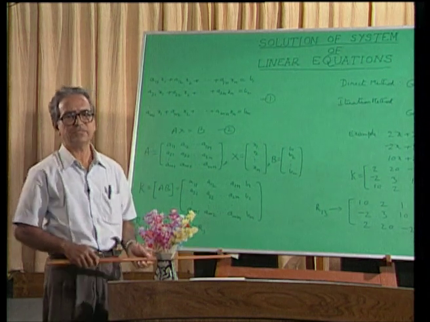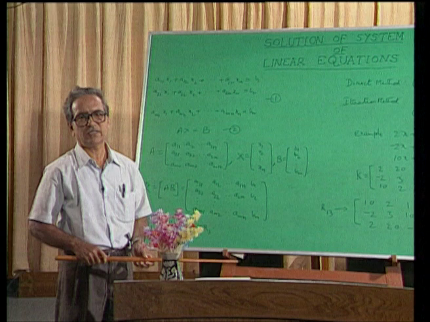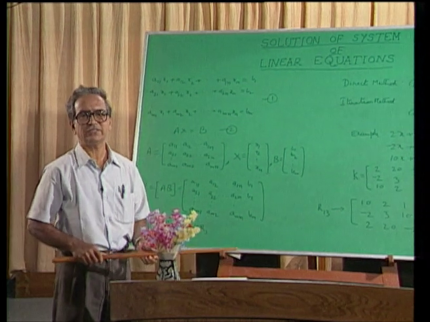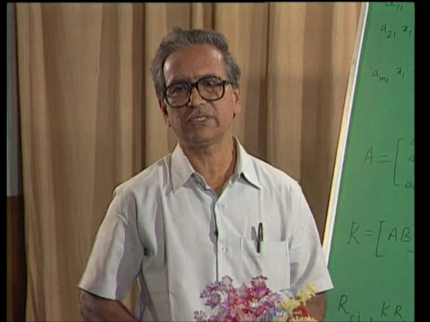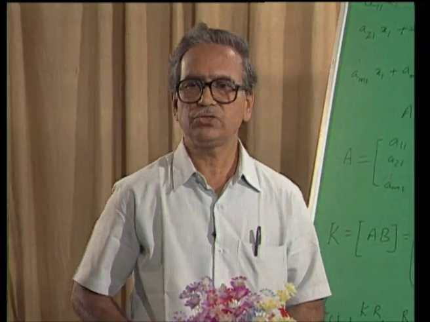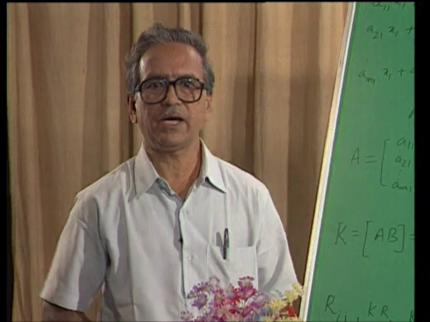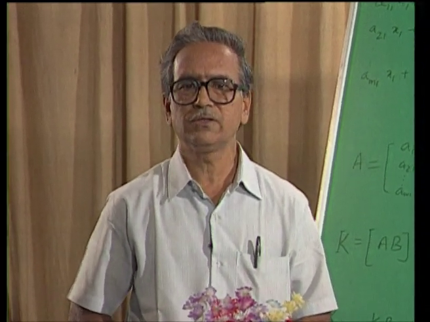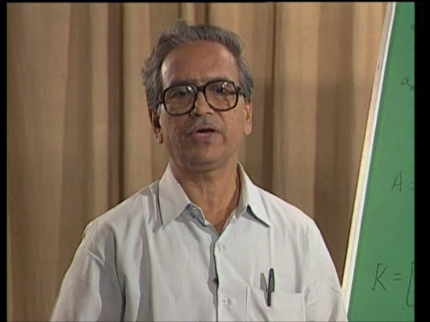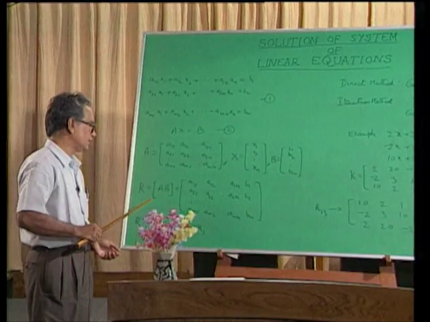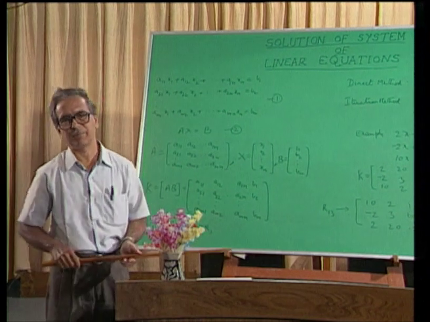Today we will consider a non-homogeneous system of n linear equations in n unknown quantities x1, x2, ..., xn. We assume that the system has a unique solution, and we know that the system will have a unique solution whenever the rank of A is equal to the rank of the augmented matrix K.